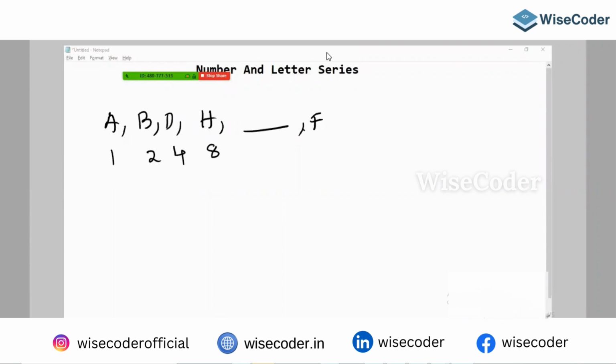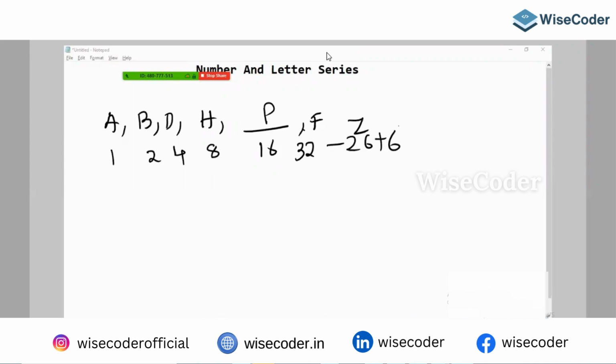So next must be 16, like we said, 1 times 2 times 2 times 2 times 2. The 16th letter is P. Then comes 32. You wonder how I got 32 here. The 32nd letter is F. How? 26 plus 6 is 32. 26 is Z, and the 6th letter is F. That's why the 32nd letter is F.